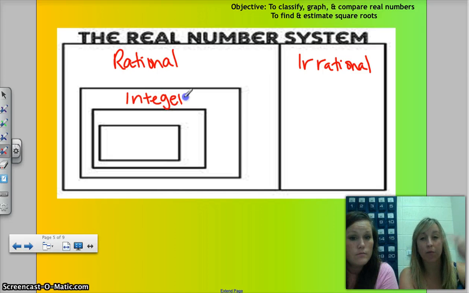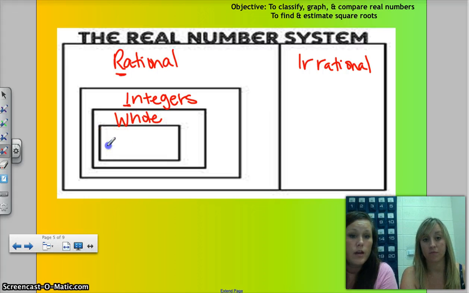So if you have a hard time remembering how these fall, we had our rocket, which is R for rational. Then we have our I for integers. Then we have W for whole numbers. And then we have N for natural. Notice how if it's a natural number, it's inside each one of these boxes. So all natural numbers are also whole, integers, and rational. Never irrational though.